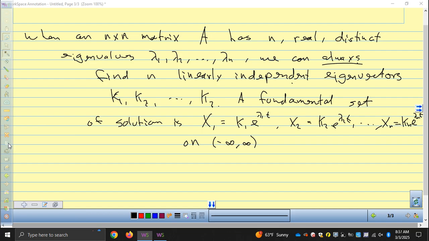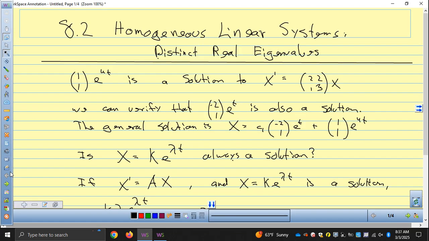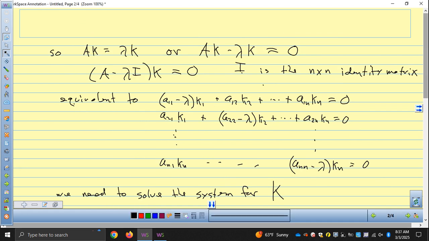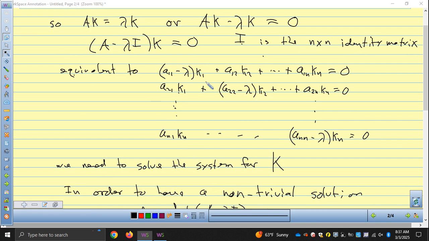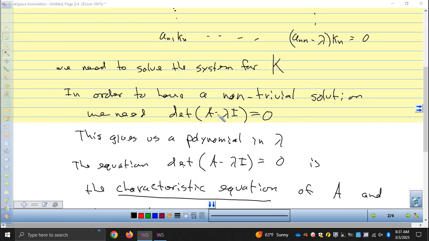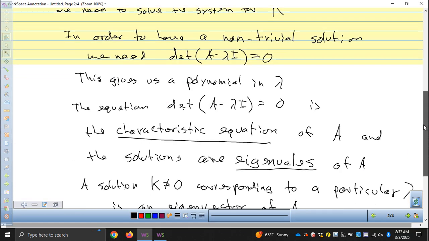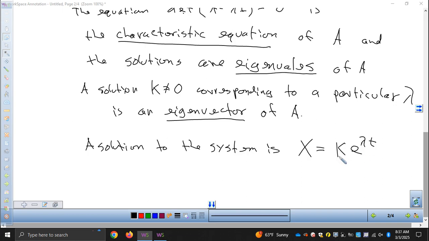So backing up, when we are solving these things, we form this determinant from our system. We solve the polynomial, find that determinant, and solve the polynomial for values of lambda. We use those values of lambda in this system of equations to solve for our eigenvectors, k1, k2, k sub n, to come up with a solution.